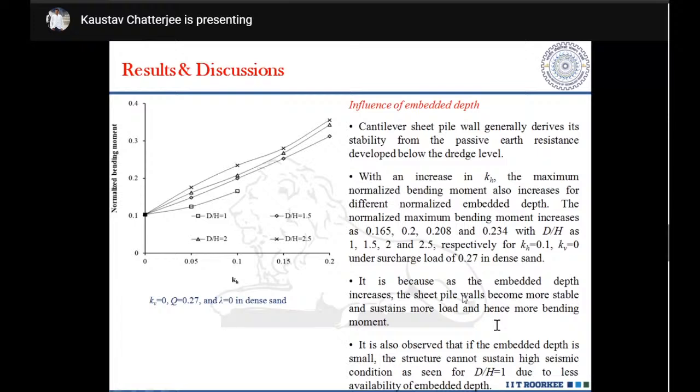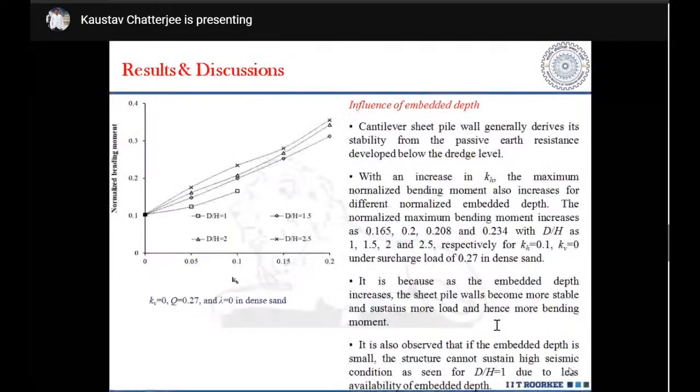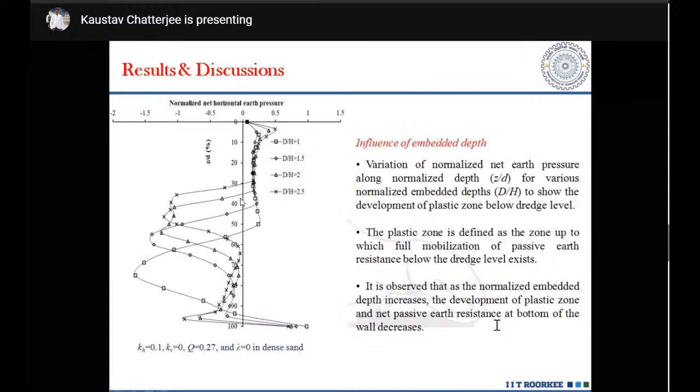It is because as the embedment depth increases, the sheet pile wall will become more stable and will sustain more load and hence more bending moment. Similarly, it is also observed that if the embedded depth is small, the structure cannot sustain high seismic load, as seen for this case, where for D by H equal to 1, it is the maximum seismic load it can sustain.